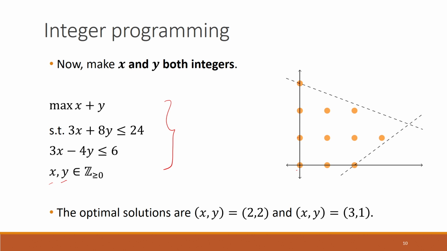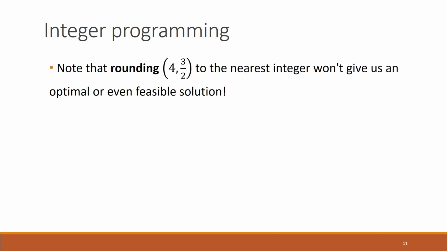And the optimal solution in this case is one of these solutions where x and y take the values (2, 2), and the other one is this (3, 1) here. In both the cases, the objective function value will be equal to 4, because 2 plus 2 is equal to 4 and 3 plus 1 is also equal to 4 here. Now, this is interesting: the rounding of the solution (4, 3/2) that was obtained from the corresponding linear program will not even give us the optimal or even a feasible solution.